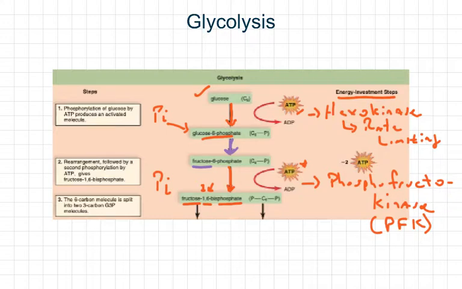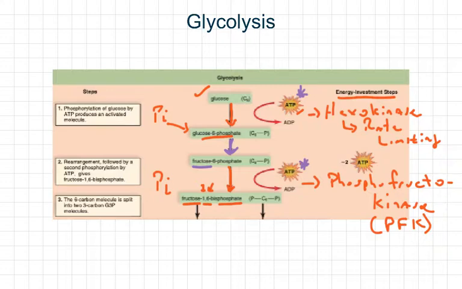And so this is why it's called the energy investment phase, because we have to burn 2 ATP to add in the energy necessary to create more ATP at the end of the glycolytic pathway.